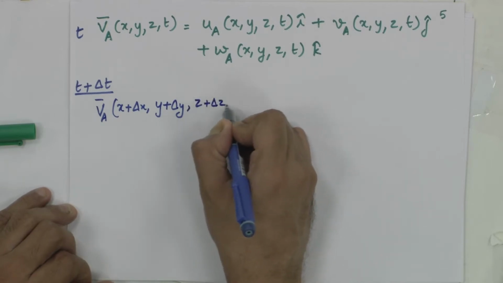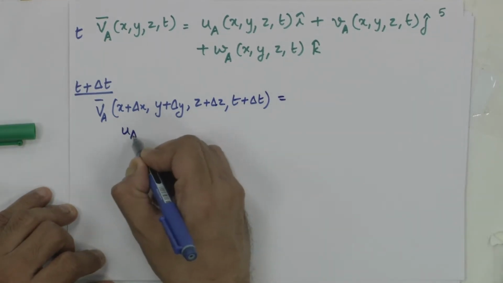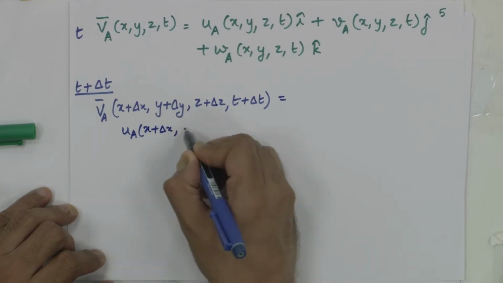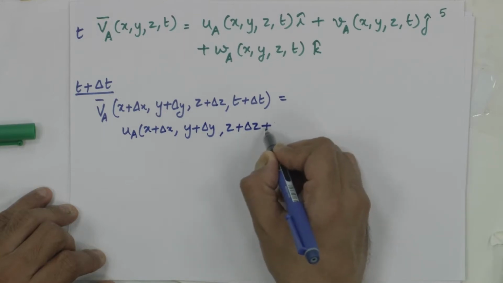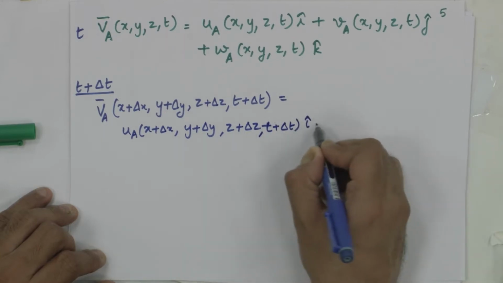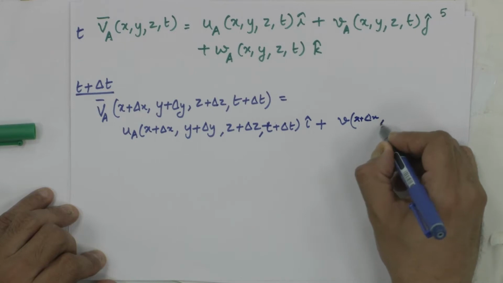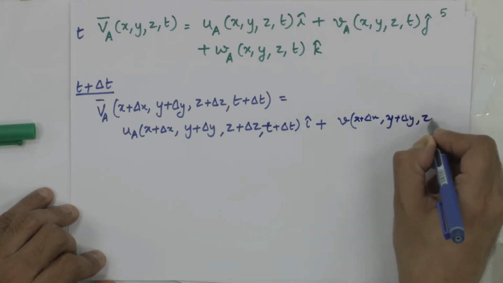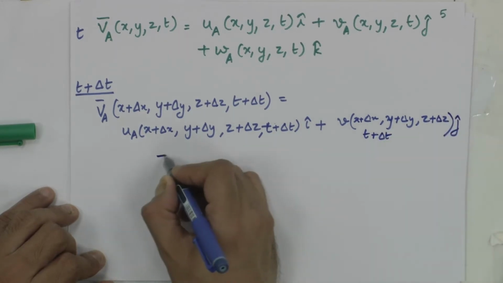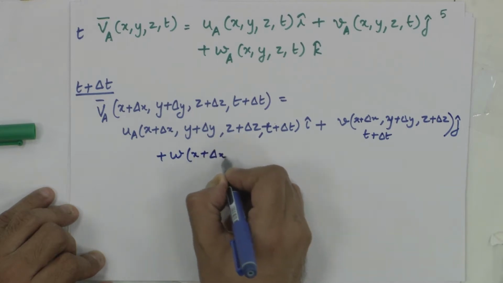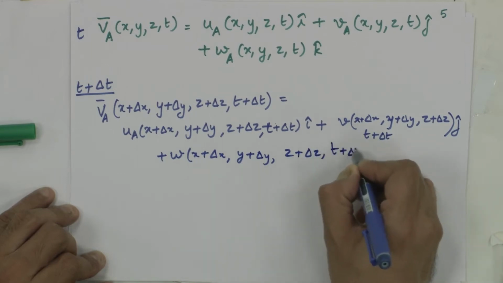Therefore, this is going to be u of A at x plus delta x, y plus delta y, z plus delta z, t plus delta t i cap, plus a similar term for v at x plus delta x, y plus delta y, z plus delta z, t plus delta t j cap, plus w at x plus delta x, y plus delta y, z plus delta z, t plus delta t k cap.